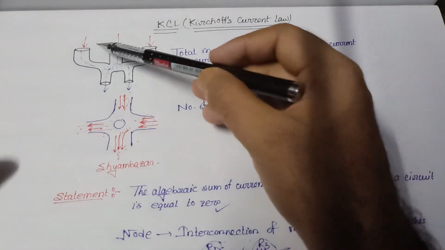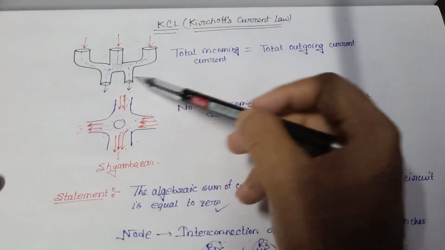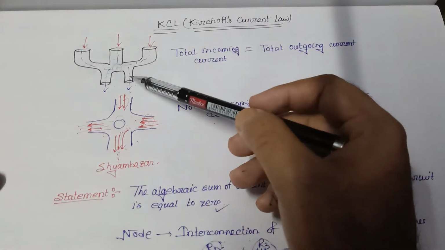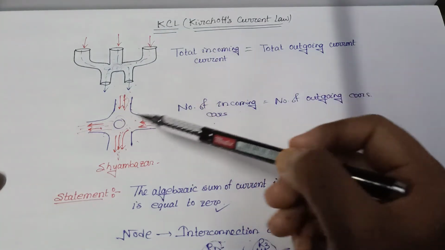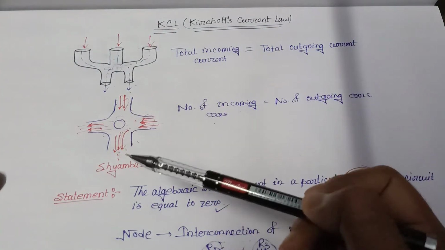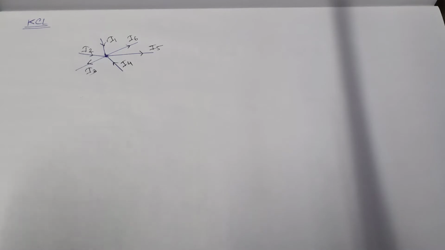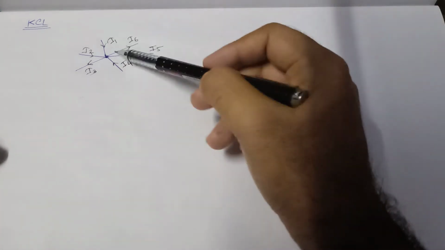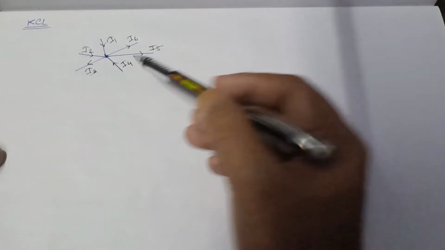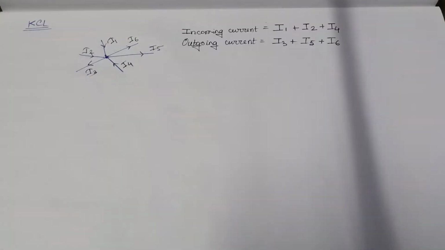Here the incoming water is equal to outgoing water. Here the number of incoming cars is equal to the number of outgoing cars. So similarly, this is also one kind of pipe system where I1, I2 and I4 currents are incoming, and I3, I5 and I6 currents are outgoing.